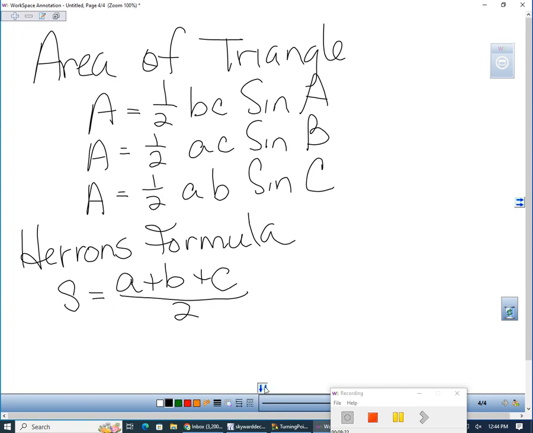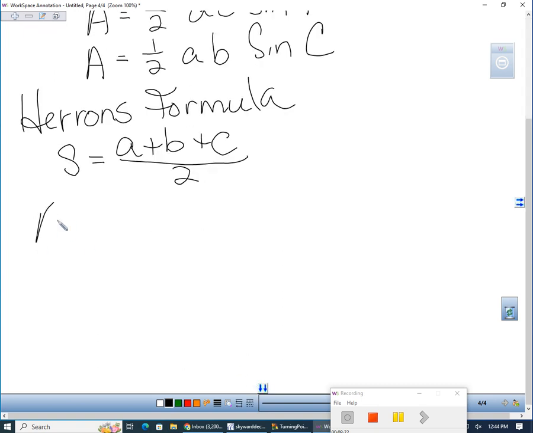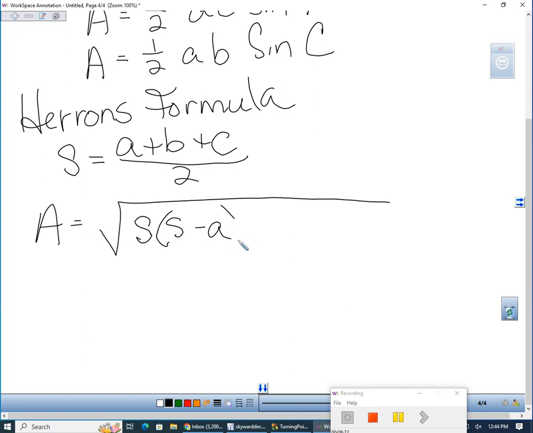Then, I'm going to move this up a little bit. Your area is going to equal the square root of S times S minus A times S minus B times S minus C. So those are the ones we need on our card.